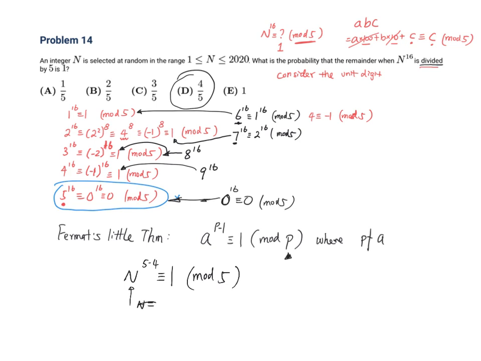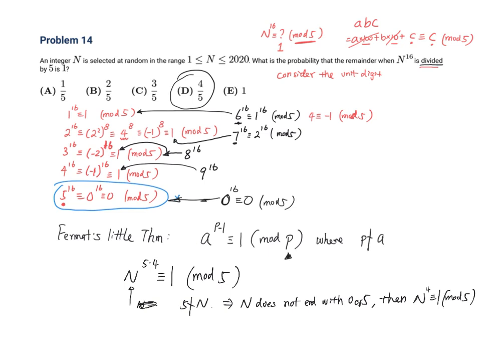Okay, so 5 does not divide n, which means as long as the number n does not end with 0 or 5, then this n raised to power 4 should be congruent to 1 mod 5.